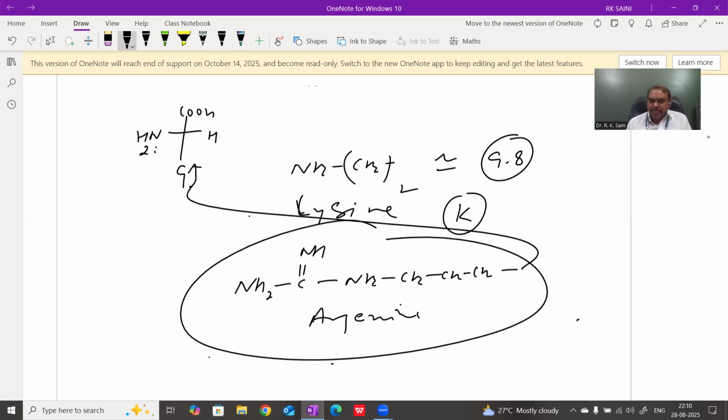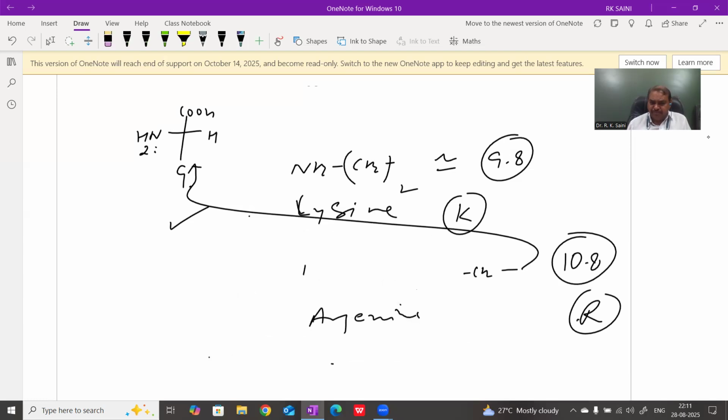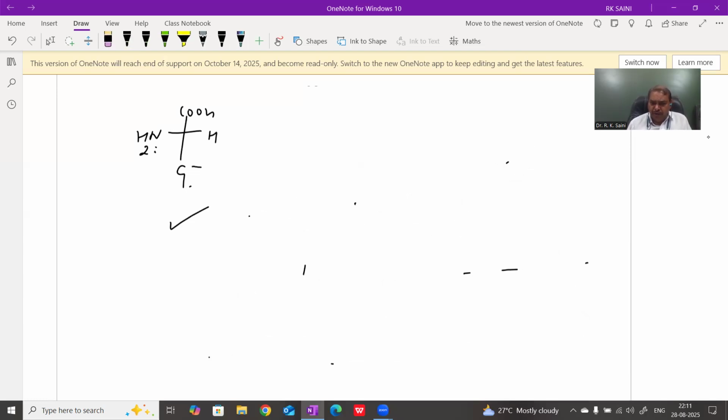G is this, because this part of the amino acid shows resonance upon protonation, and it is the most basic, with pH nearly 11, 10.8. Arginine is denoted by R. Next, histidine and lysine are also basic. Proline amino acid: see the structure of proline.